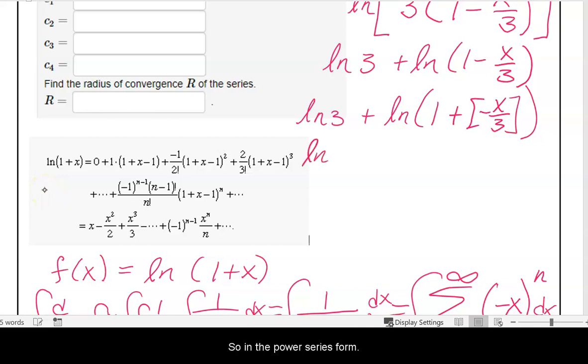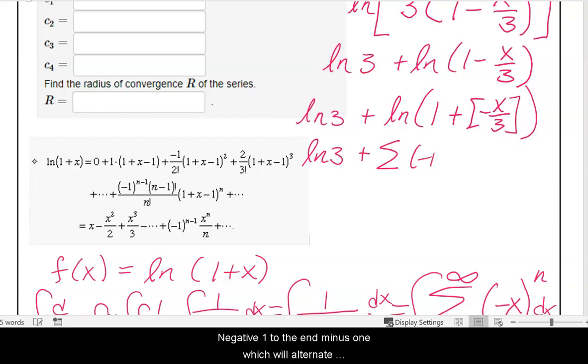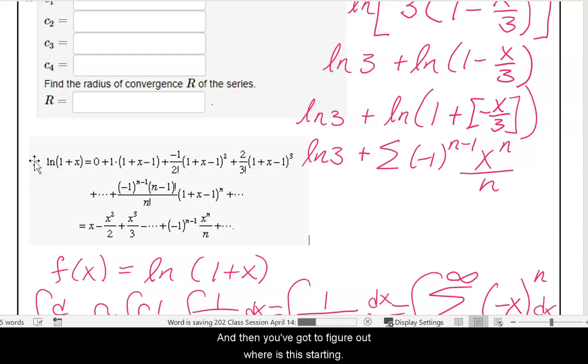In the power series form, it should be negative 1 to the n minus 1, which will alternate because n minus 1 will change even, odd, whichever signs you've got, times x to the n over n, right? So that's the formula in power series form. And then you've got to figure out where this is starting. And in this case, it's going to start when n is 1.